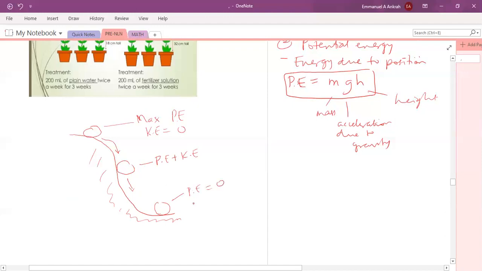And then you have your maximum kinetic energy here, as it hits the ground level. So that's why it moves very fast. When it gets here, it has a very fast velocity. So this is a summary of how potential energy is changed from one form to the other.